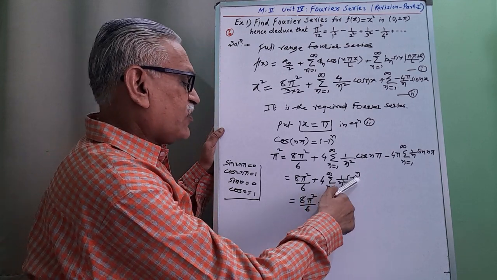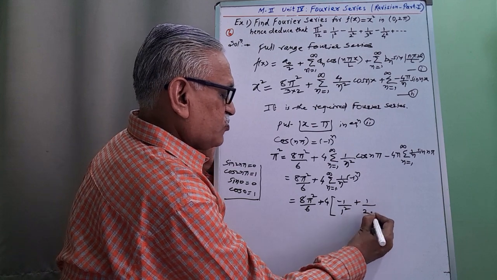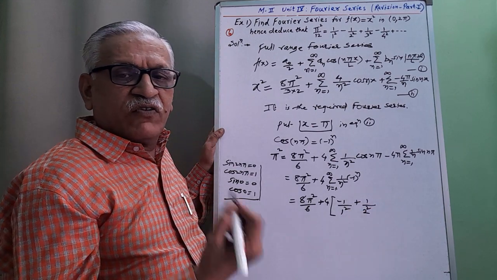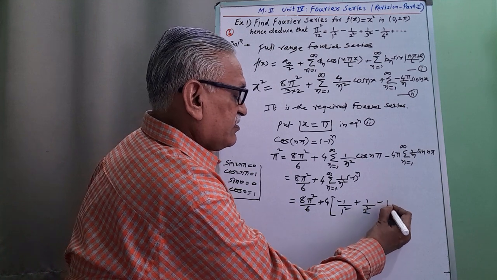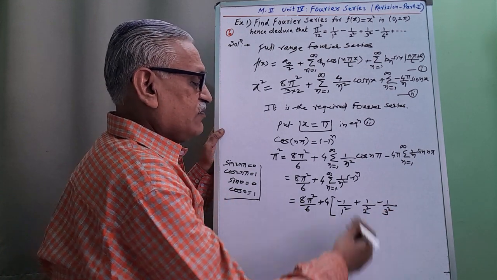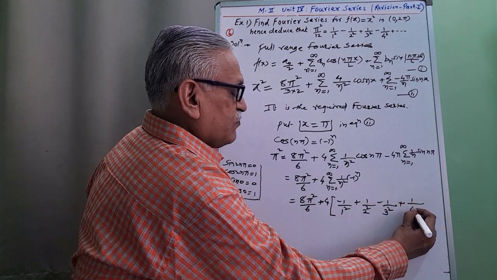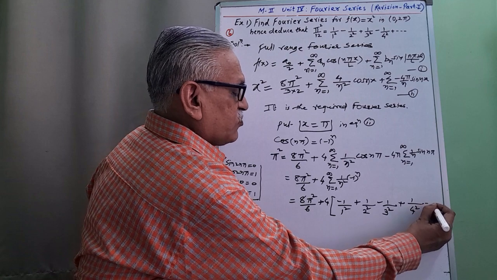Next, for n equal to 2, we get plus sign, 1 upon 2 square. For n equal to 3, we get minus sign once again, minus 1 upon 3 square. For n equal to 4, we get plus sign, 1 upon 4 square, and so on.